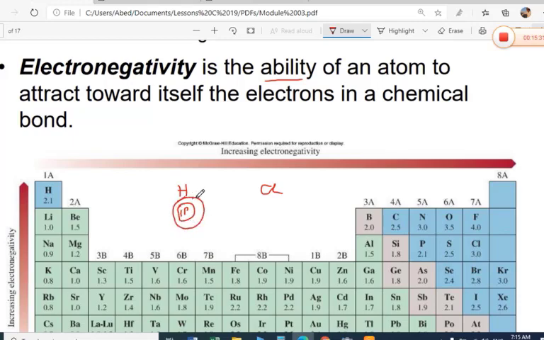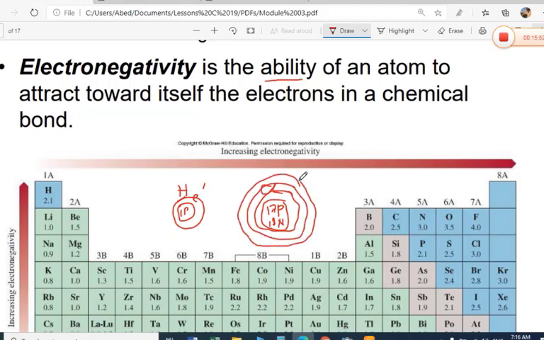But chlorine has 17 protons and maybe 18 neutrons, so the nucleus is a little heavy. It has orbitals outside the nucleus, and the last shell contains 7 electrons. Let me show you: 1, 2, 3, 4, 5, 6, and this is the 7th electron. Chlorine is in group 7, so 7 electrons are here.